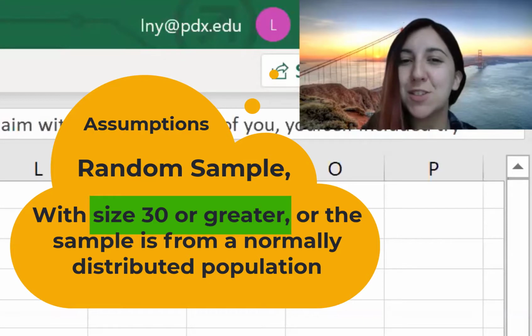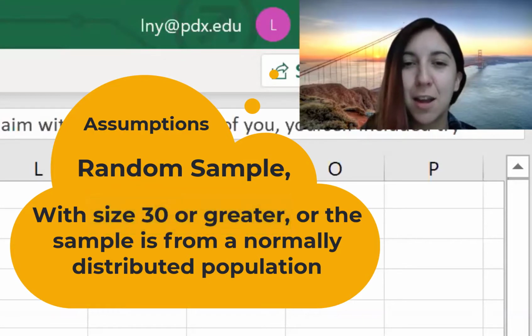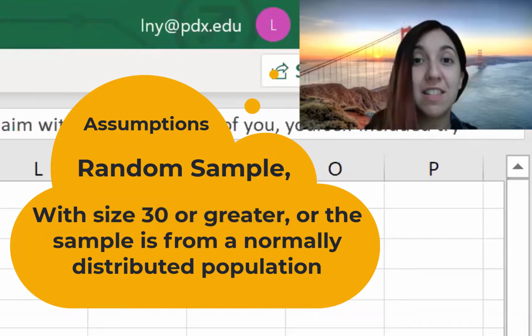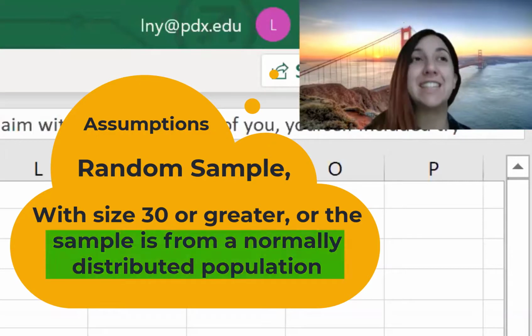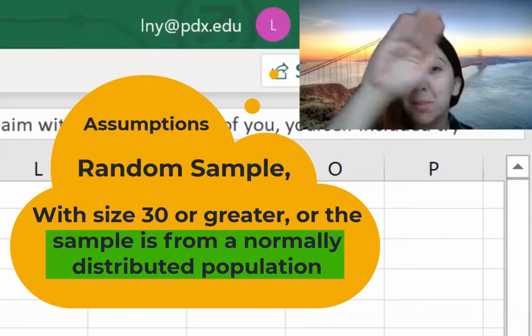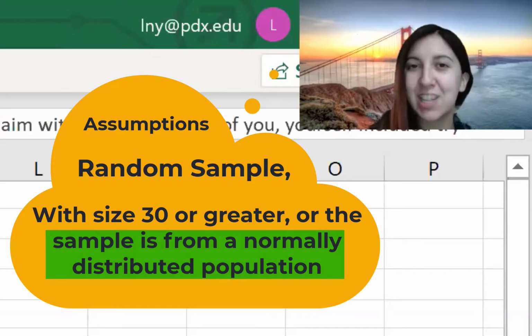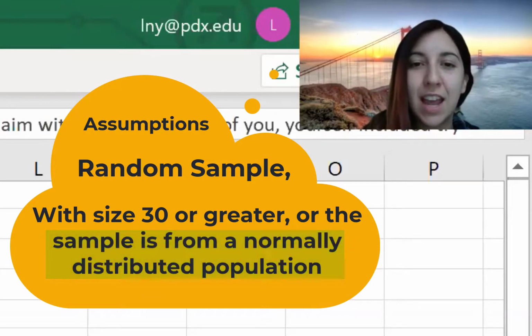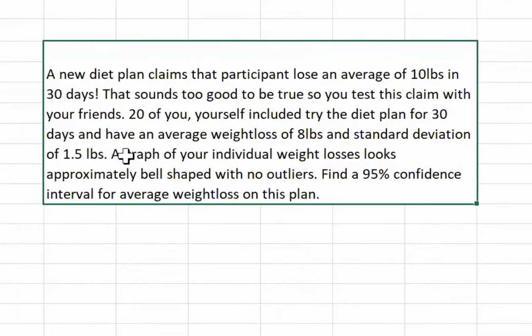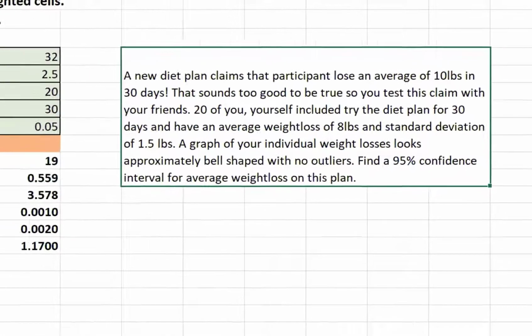Our sample size is a bit small for that, but there's another condition that can be met to get the behavior of normal bell-curved sampling distribution, and that would be the population is already normally distributed. And it looks like we do have some suggestion that yes, the population came from something that's bell-shaped. Next, we will calculate the interval.